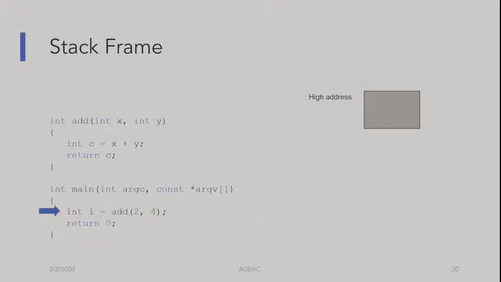Which convention are we? C-decl. Isn't that right to left? Right to left, yeah. So we can see we push 4, we push 2, and then we push the return address.